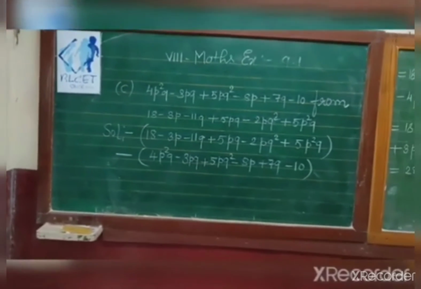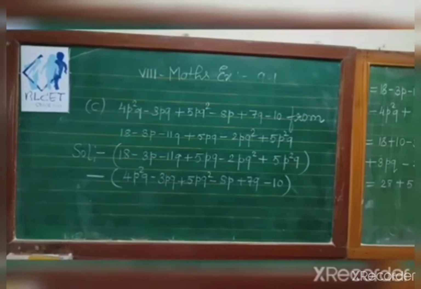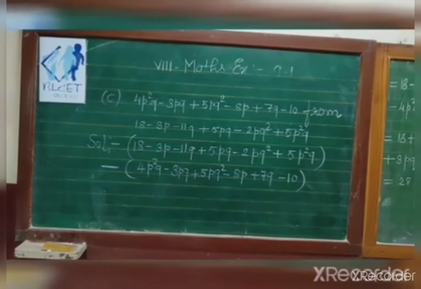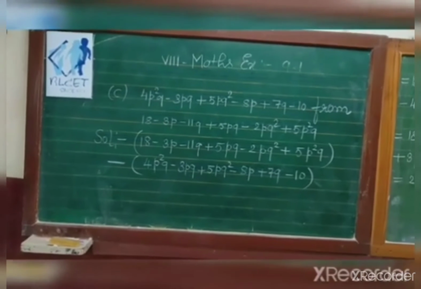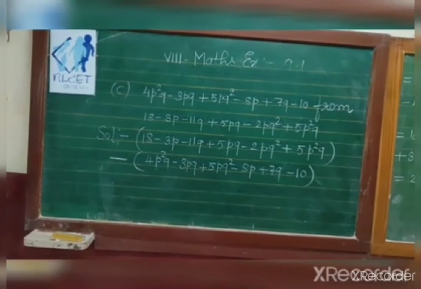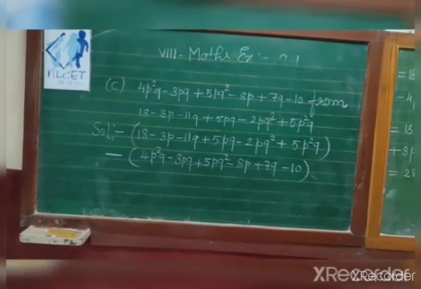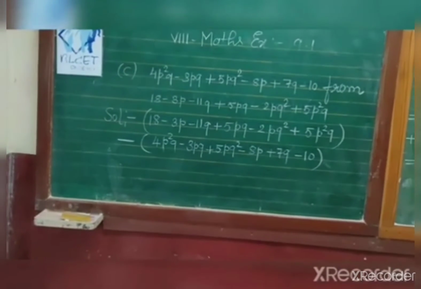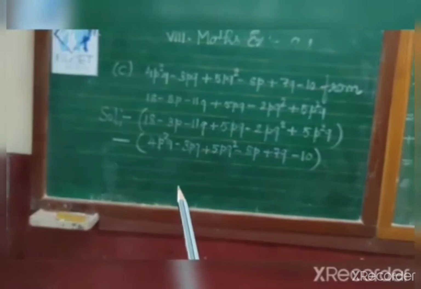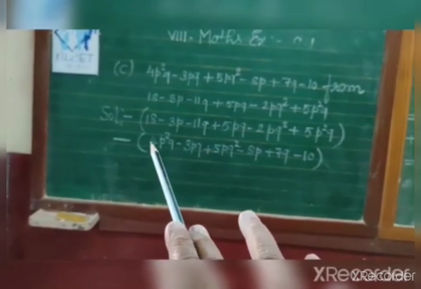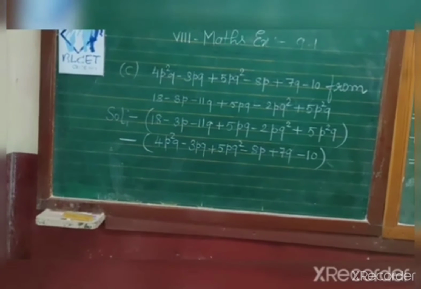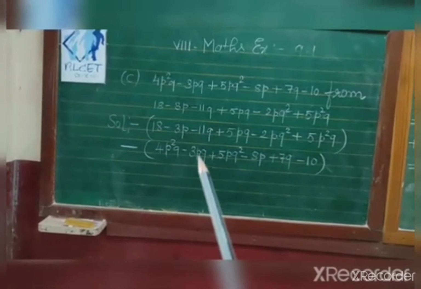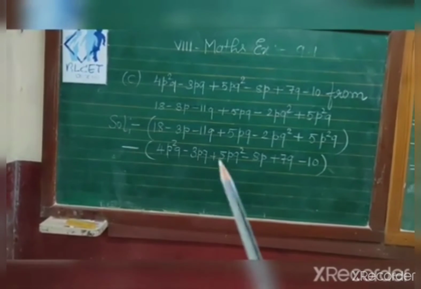Now when we open the bracket, what will happen? Positive terms will take a negative sign and negative terms will take a positive sign, the opposite. In addition we write simply, but in subtraction, suppose before 4 no sign is there, that means it is a positive term. So before 4 we will put a negative sign, and minus minus is plus, minus plus is minus.